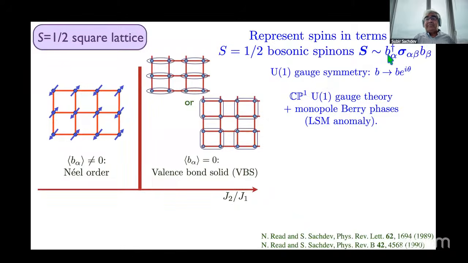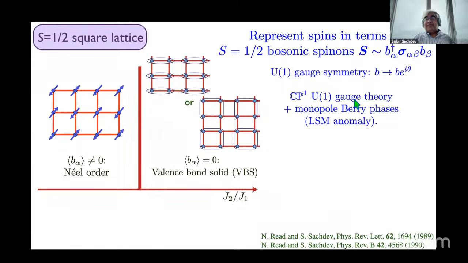So if you take the low energy limit, you just get a U(1) gauge theory of complex spinors, which are closely related to these b alpha. That's called the CP1 field theory. It's relativistic and has two complex scalars. Okay, but that's not the whole story.